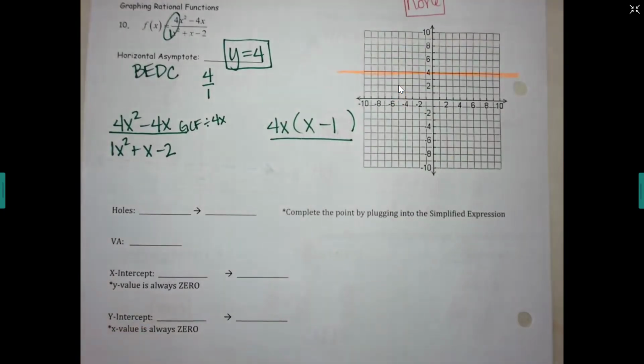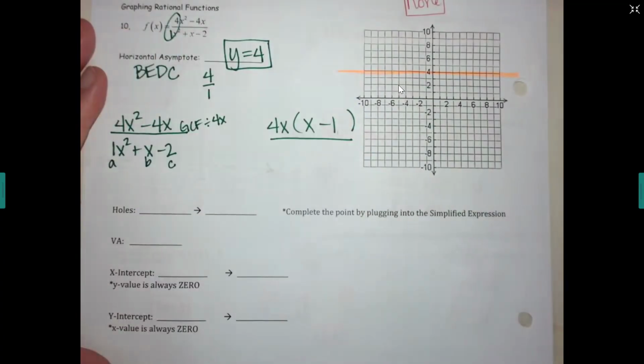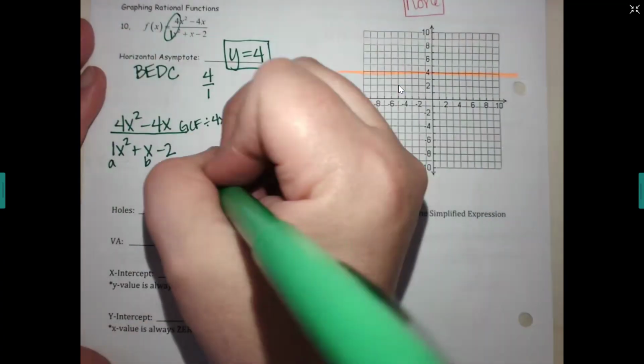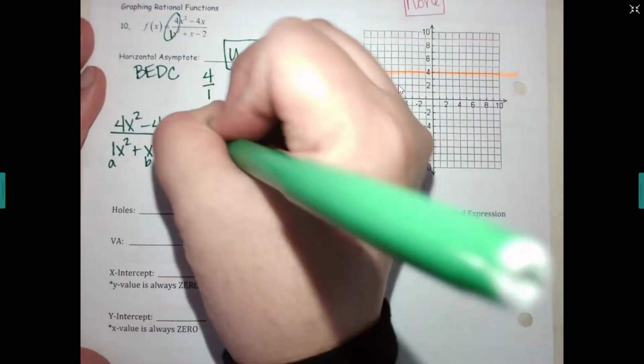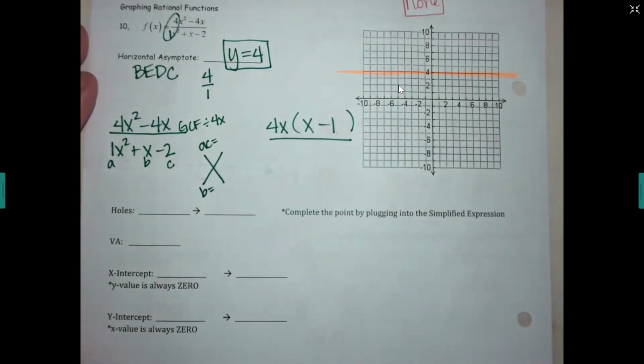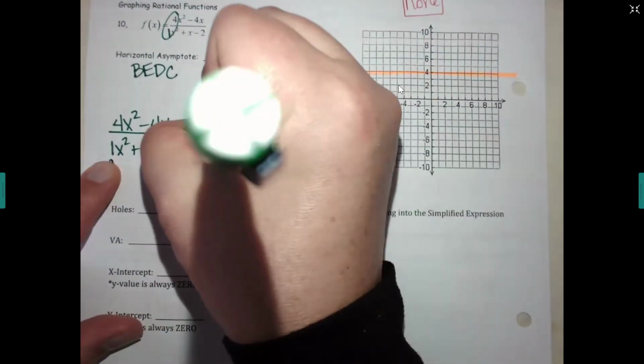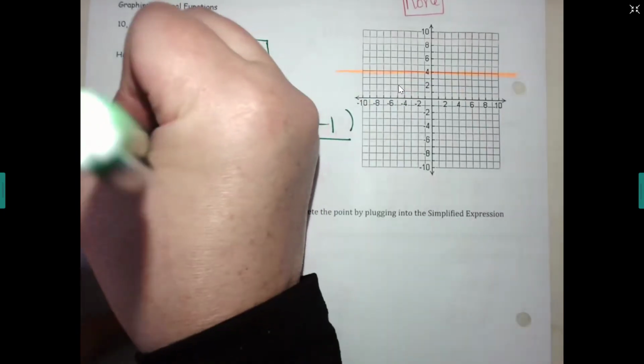Now let's look at the bottom. I have 1x squared plus x minus 2. What type of factoring can I do on the bottom? AC chart is correct. So ABC. Set up my little chart here. AC on top, B on bottom. 1 times -2 is -2. My B number is a +1.